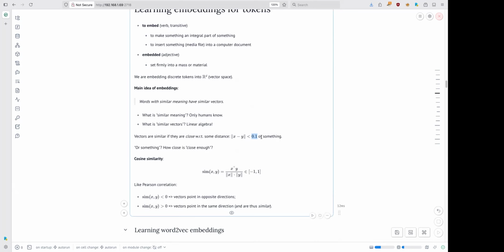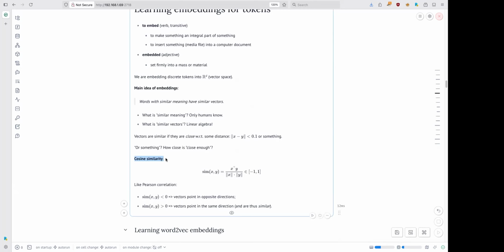We can improve this by using cosine similarity. Cosine similarity is closely related to the Euclidean distance, again a notion from linear algebra. It is the cosine of the angle between two vectors x and y in our vector space.